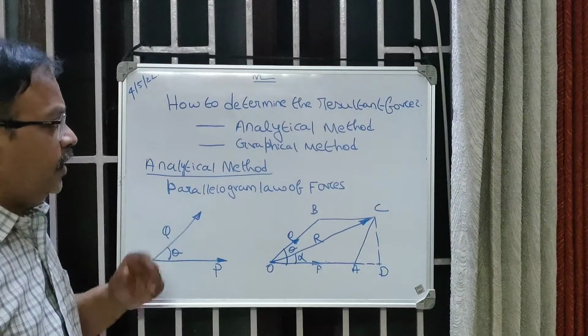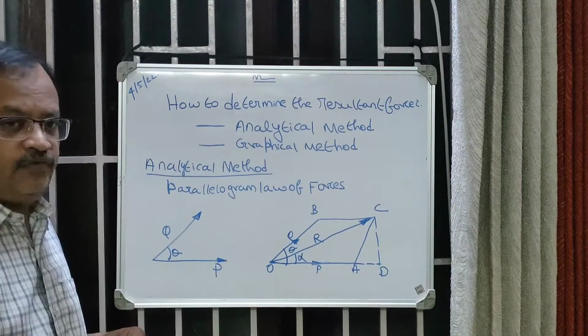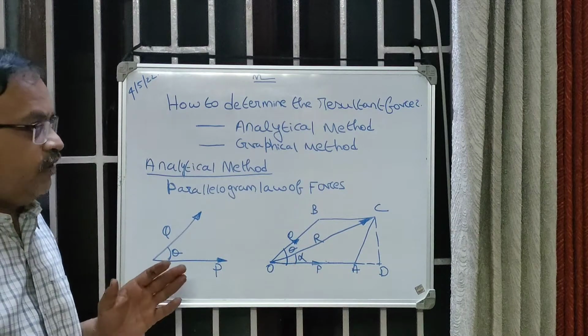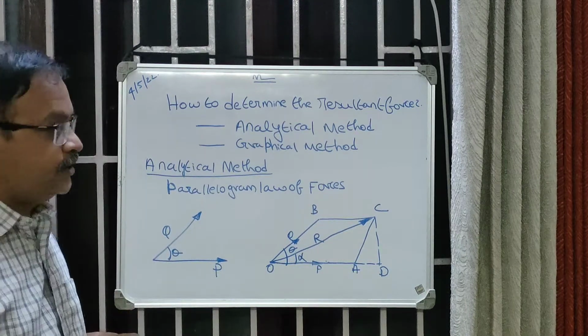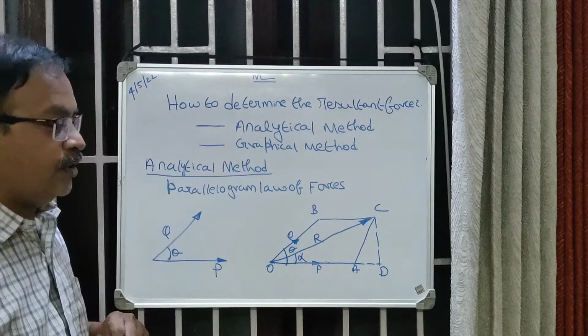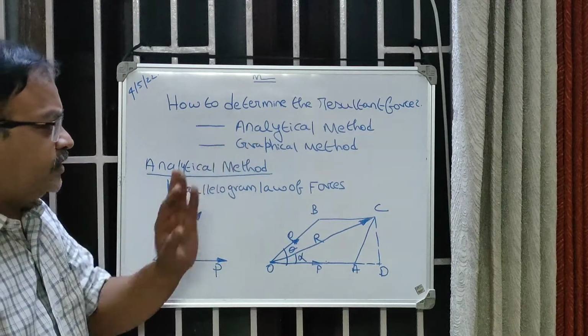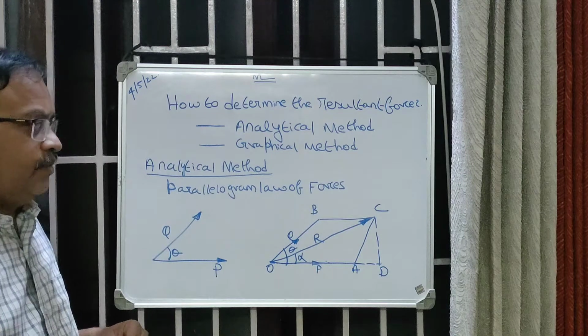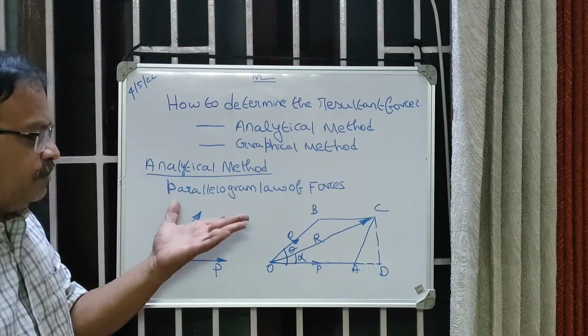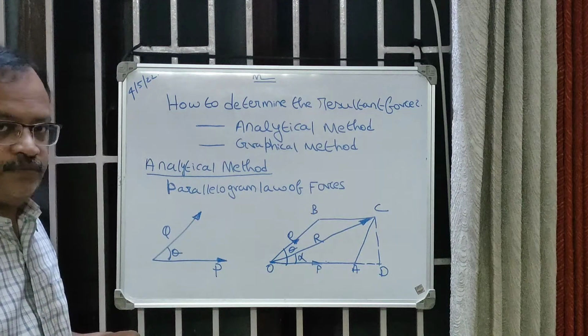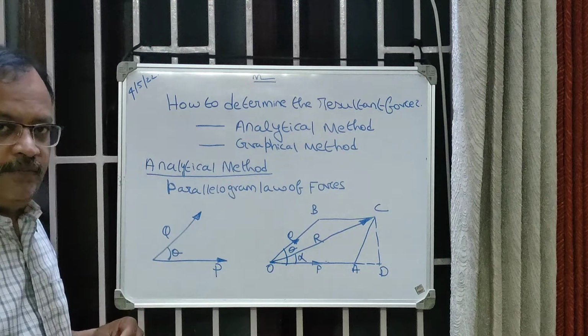Now we will see how to determine the resultant force. The resultant of a force can be determined using two methods. One is the analytical method, another one is the graphical method. Now we are going to see how to determine the resultant force using the analytical method. The analytical method is based on the parallelogram law of forces. What is the parallelogram law?